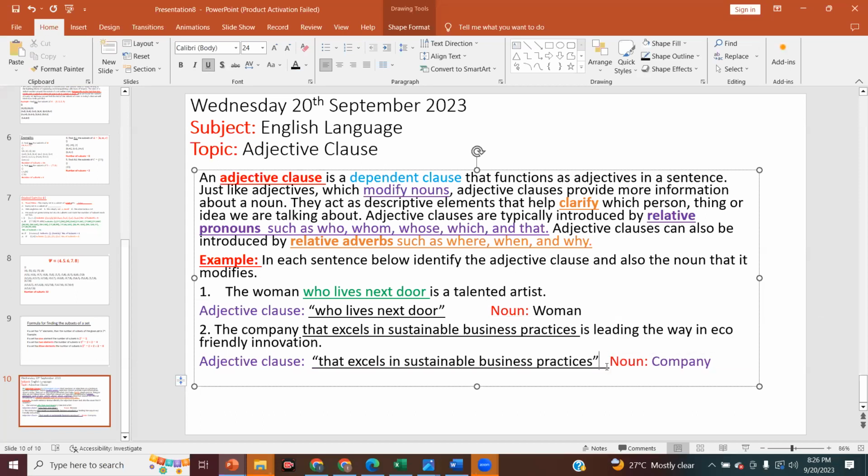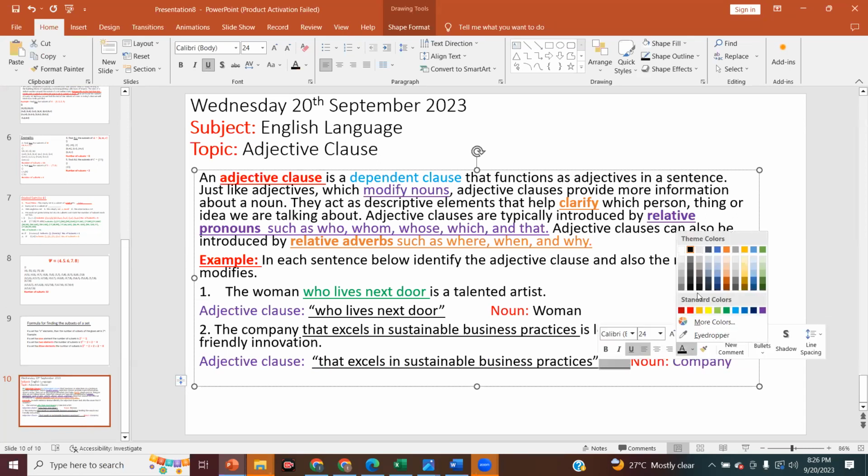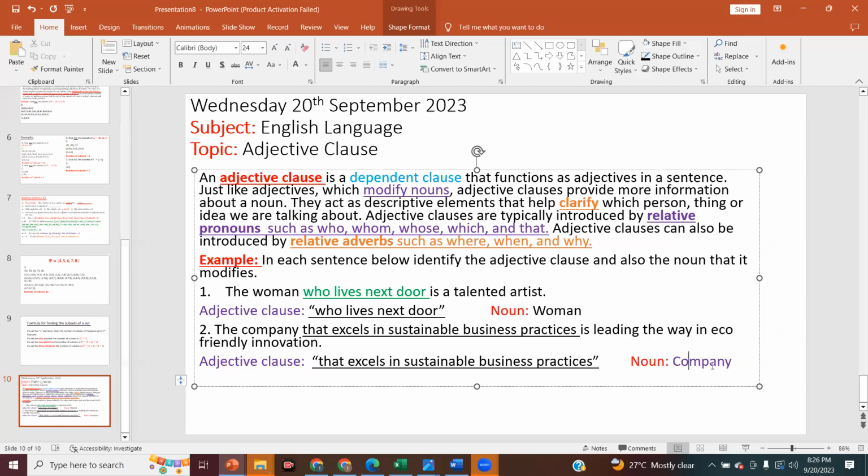I don't usually give bonus in English, but now that you say so, might consider it. All right, so let me underline this.